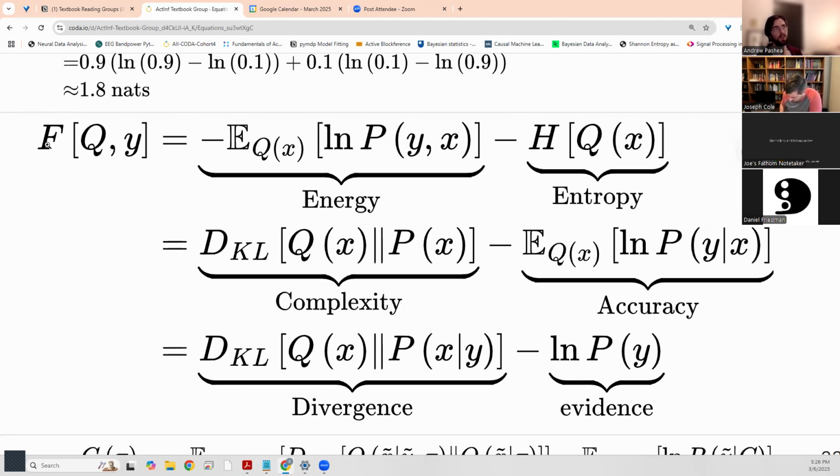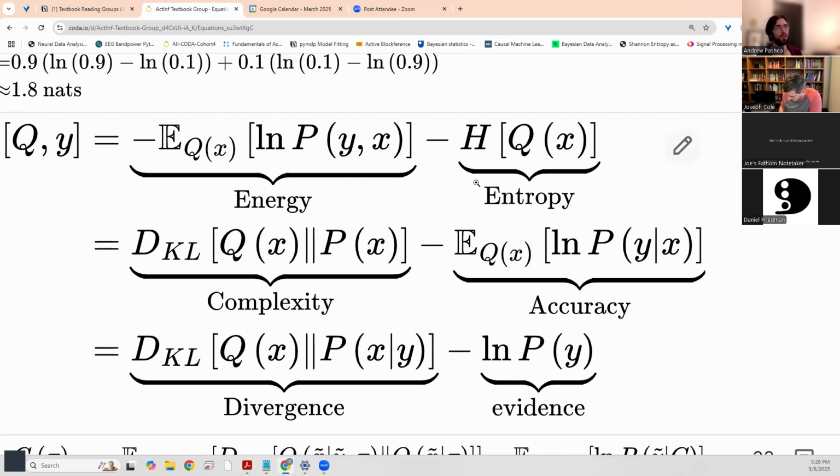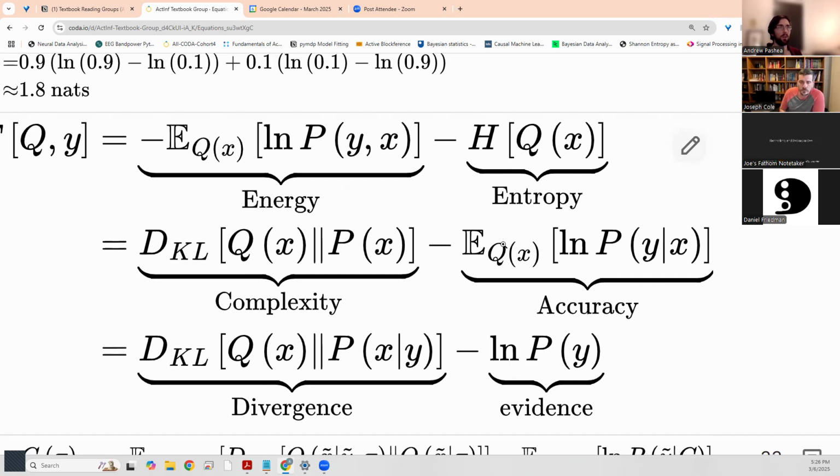State inference involves minimizing F, which we could look at as complexity minus accuracy, the classic machine learning imperative of how to create a model that is generalizable and not excessively complex and overfit, but also accurate, so we don't want it to heavily underfit either.